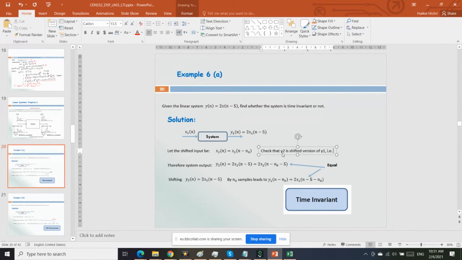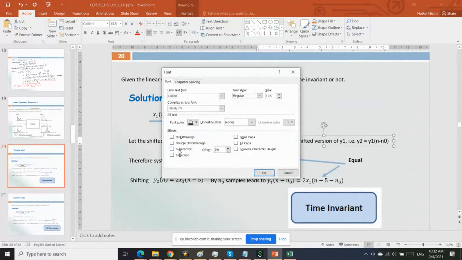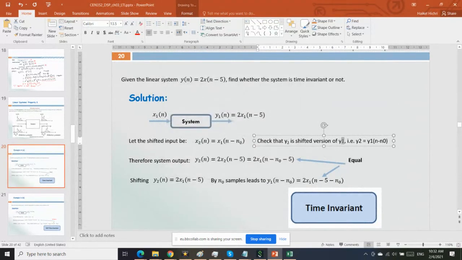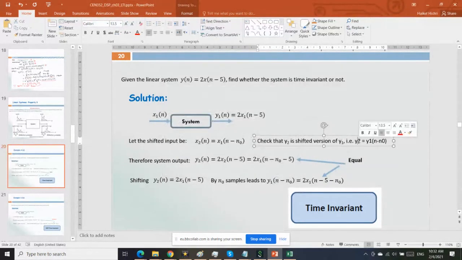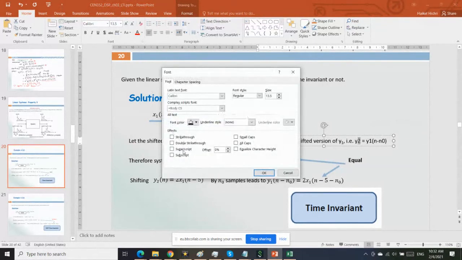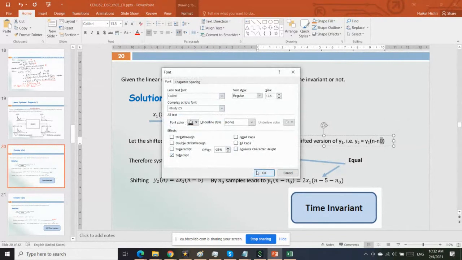That is, y2 equals y1 shifted with n0. All right, so it's the same trick.